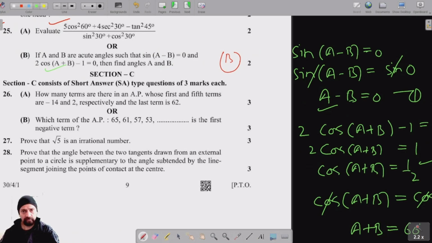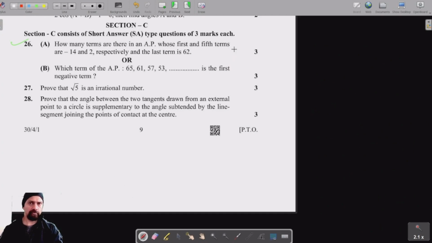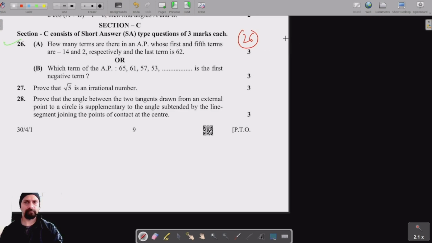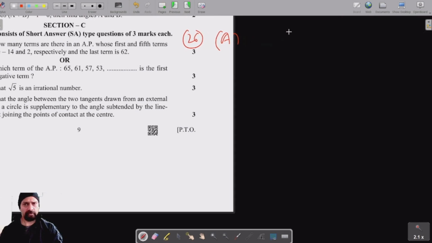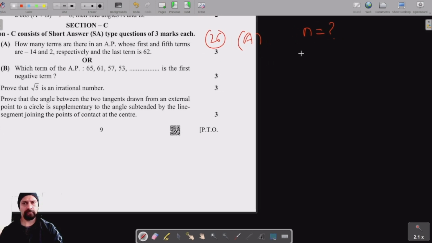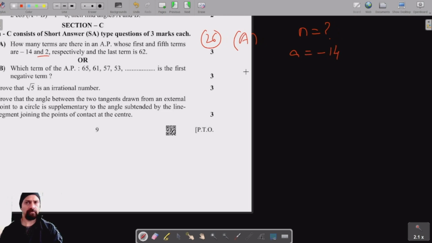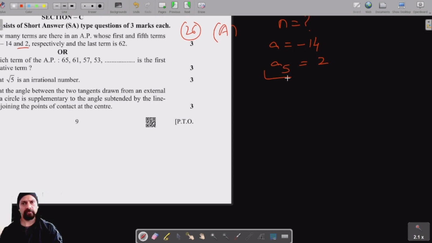And let's move on to section C. For section C, question number 26, part A, we have to find the number of terms in an AP whose first and fifth terms are given. The first term is minus 14 and the fifth term is 2, and we know the fifth term is a plus 4d, which is equal to 2.